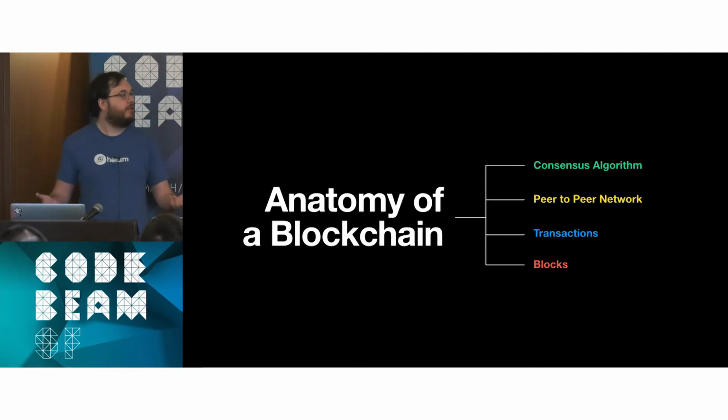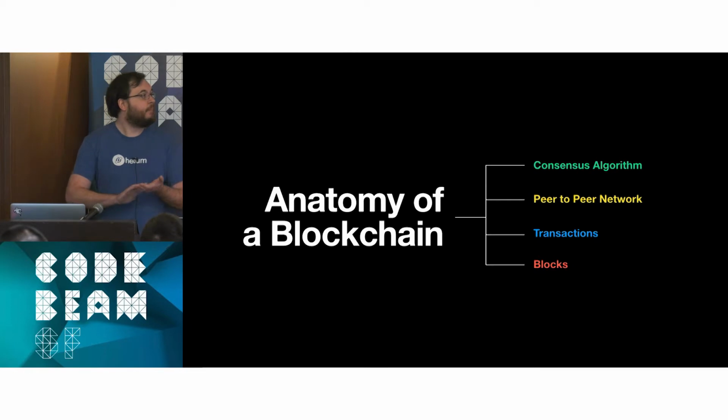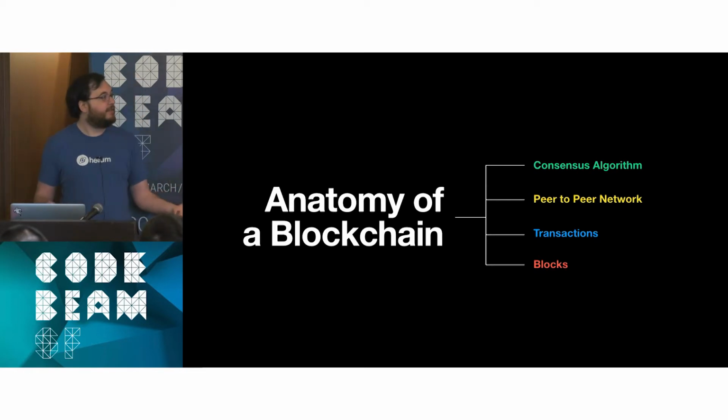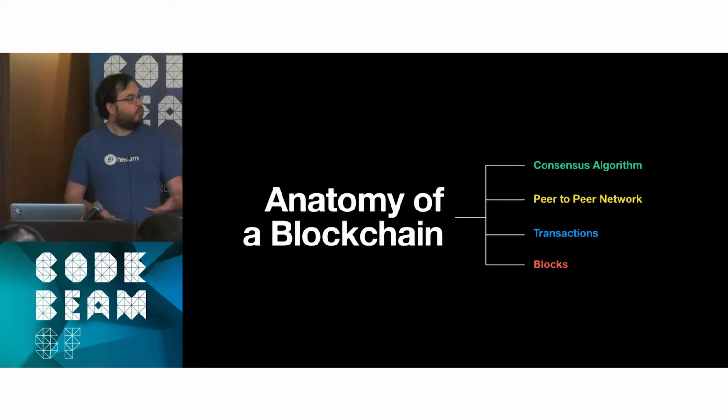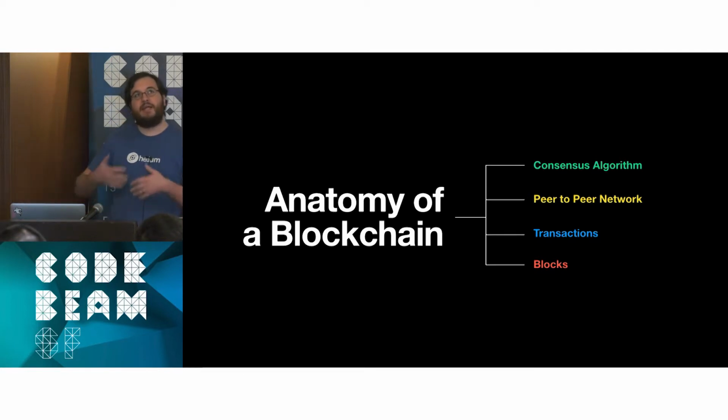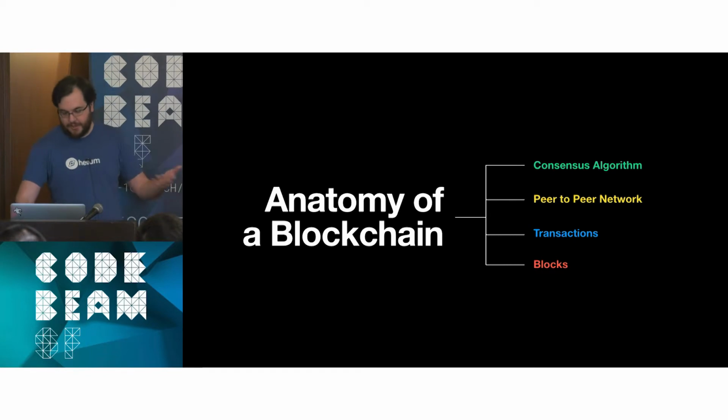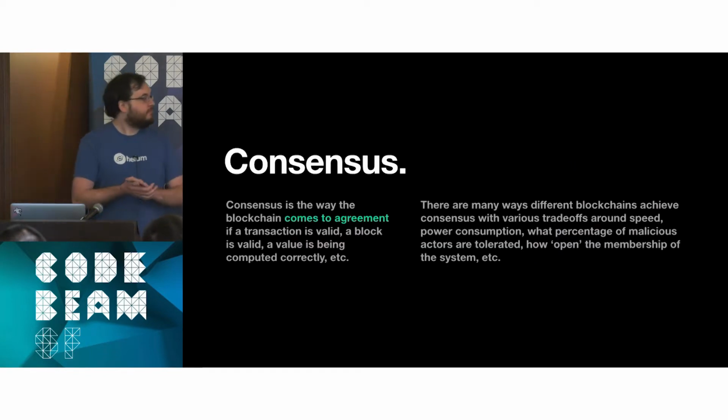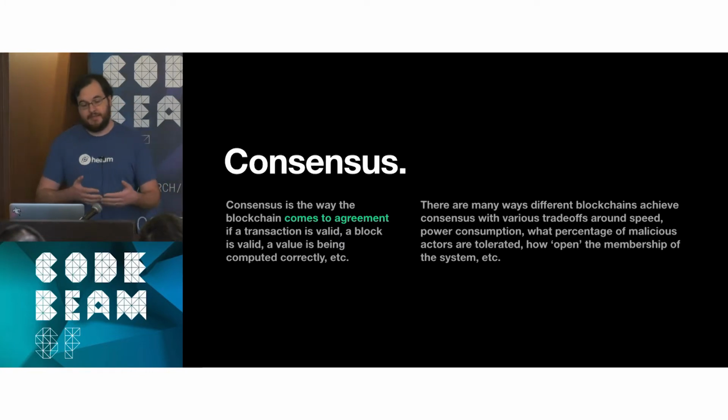So you have to have a very flexible networking layer to actually get the things to talk to each other. Then you define what kind of transactions are valid against the state of your blockchain, and then you define how you bundle those transactions up into a block and how those blocks are validated, how they are created, those kinds of things. So consensus is how everybody agrees on something is happening.